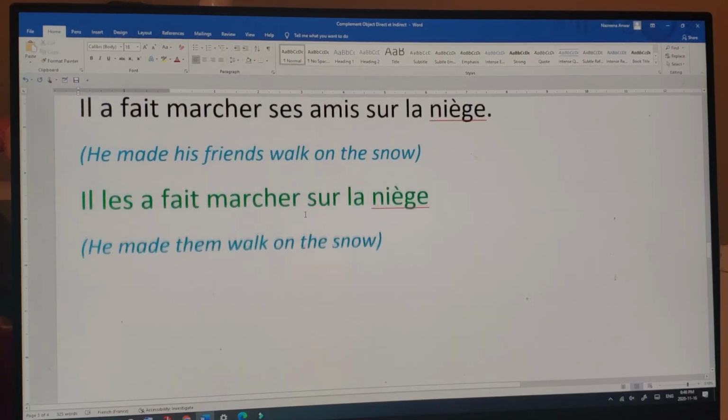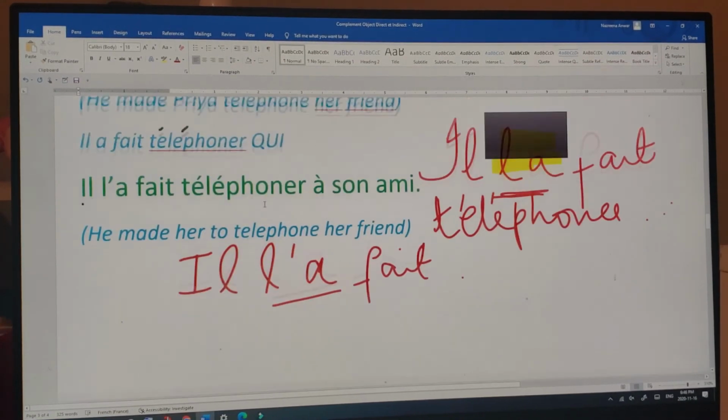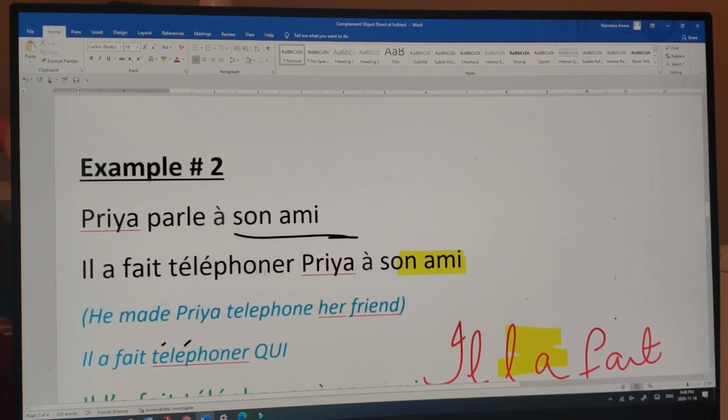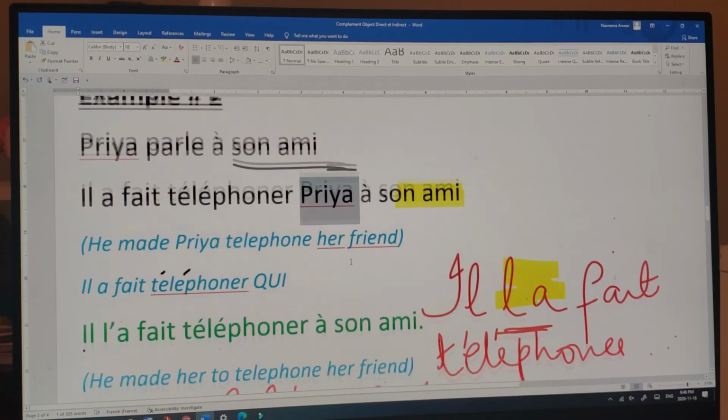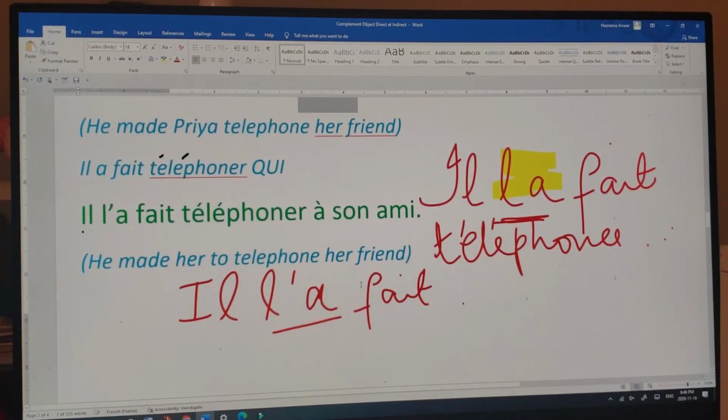Qui, ses parents. In this one, il a fait marcher qui, ses amis. After the verb, the second verb, the last verb rather. Il a fait téléphoner qui? Il a fait téléphoner qui à son ami? Priya, à son ami. So that's how we find out whether the object used is a direct or indirect object, and accordingly it dictates what to be used in the passé composé as well.